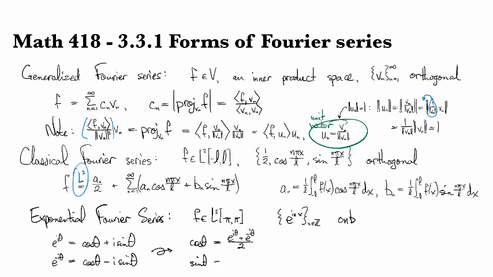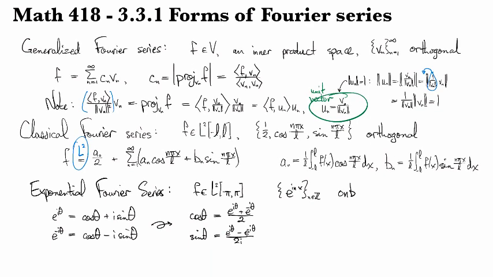And sine theta is going to be e to the i theta minus e to the negative i theta over 2i. And so that means then that if we look at a_n cosine n theta plus b_n sine n theta, this is going to be, and let's do some messing around with formulas.